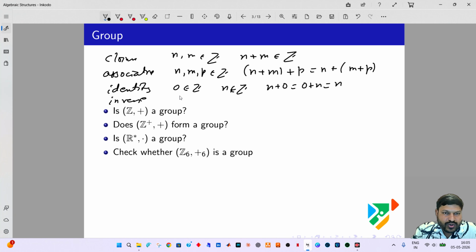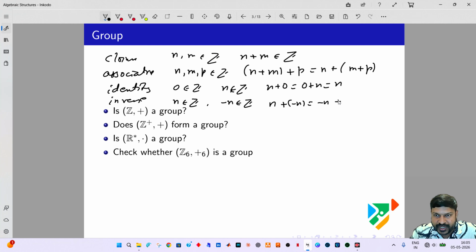Inverse: for any given integer n, what is the integer which when added with n gives the identity element? The integer is minus n. If n belongs to Z, then minus n also belongs to Z. And when you perform n plus minus n or minus n plus n, it is going to give you identity 0. This identity is called the additive identity of Z.